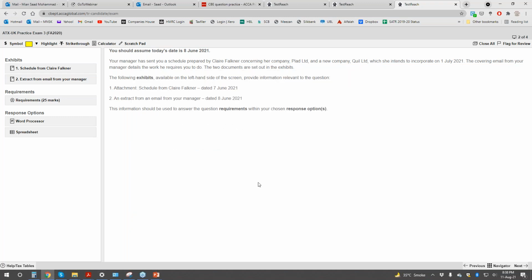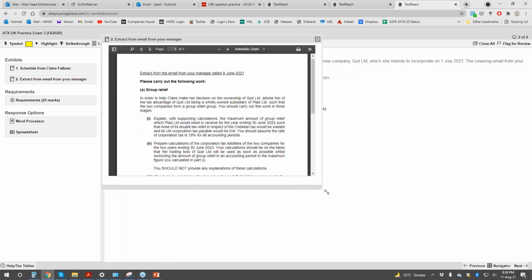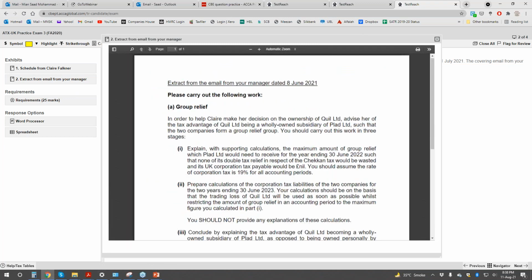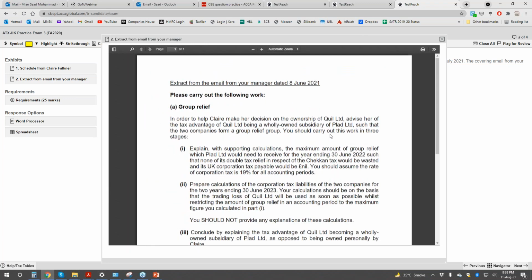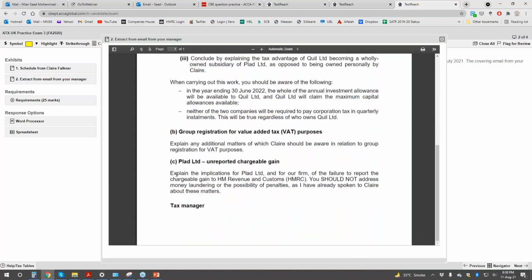However, if I want to read the requirement in detail, I have to click on the extract. This will provide the elaboration or the more detailed requirements. As we see, requirement A is quite lengthy, whereas requirements B and C are quite short. So here I want to share a time saving technique with you. Normally, the examiner has clearly made headings in the scenario as to which paragraph relates to which requirement.